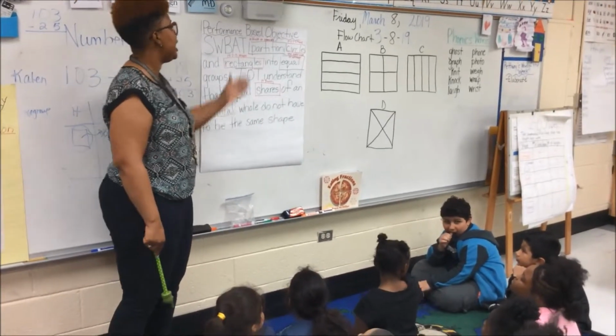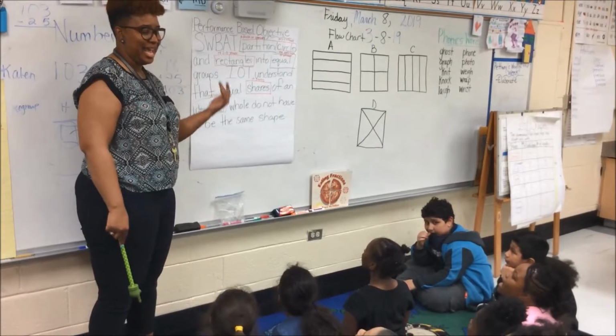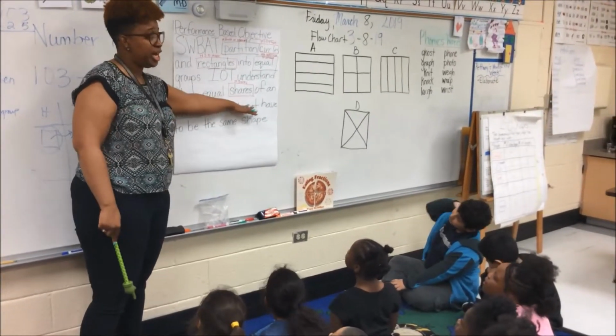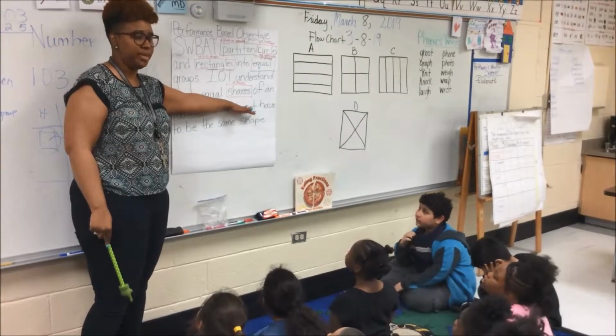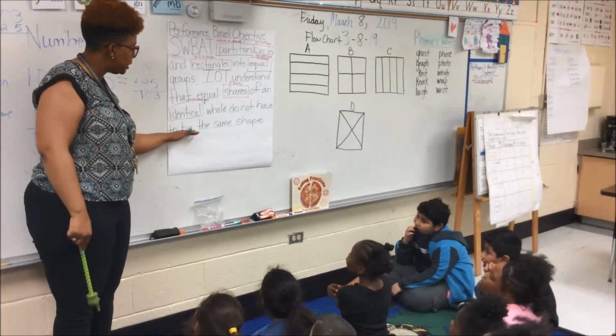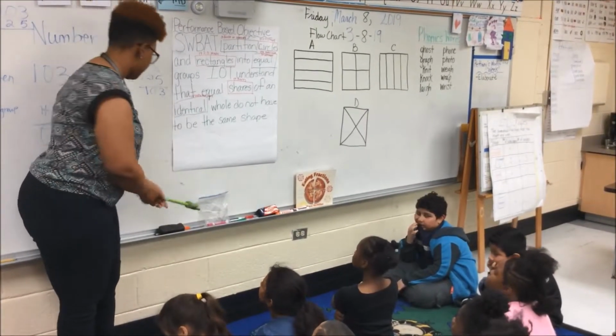They're flat figures. Equal means what? The same size or the same amount. Very good. Shares mean parts, the parts of the whole. And identical means looks the same. Very, very good.